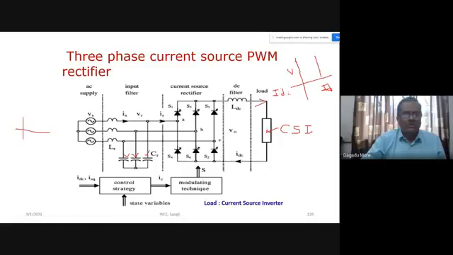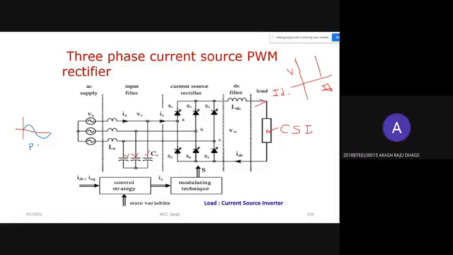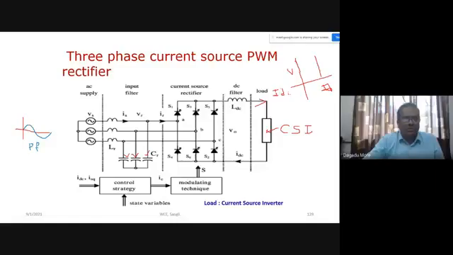Sinusoidal. Our intention is a sinusoidal current, because with the thyristorized rectifier we have shown that it gives a quasi-square wave current, and also our power factor should be unity. That is the intention for which we are going for this 3-phase current source PWM rectifier.